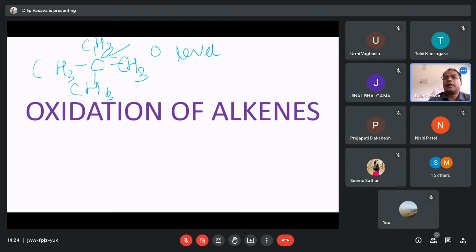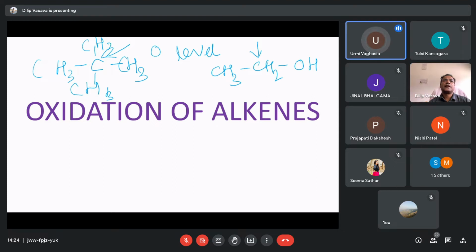Now you can just look at this example: CH3, CH2, and OH, let's say ethanol. Now, can you say what is the oxidation state of this carbon atom? Primary.